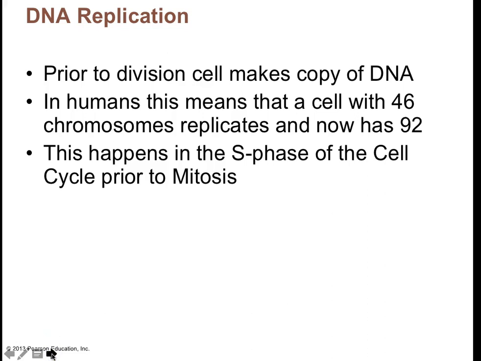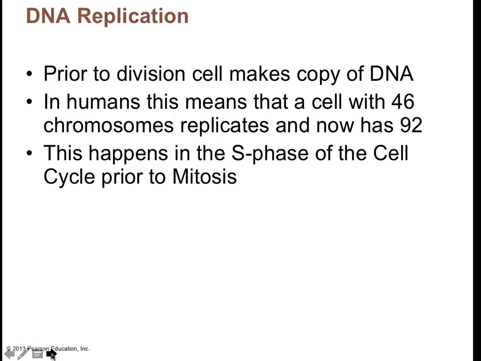Okay, now this is going to be about the S phase, where you're going to make copies of your chromosomes. It's called DNA replication. That famous double helix where you have your A's and your T's and your G's and your C's, and that codes for all the blueprints for making everything that a cell needs to make.